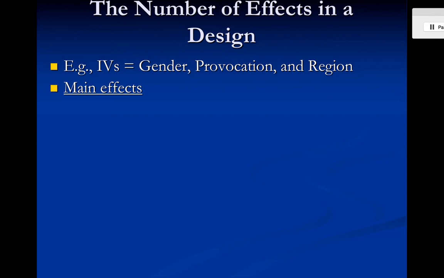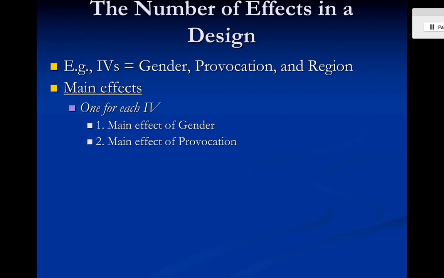So in terms of main effects, you should have 3 separate sentences. The first one is the effect of gender on my DV. Next, the effect of provocation on my DV. And last, the effect of region on my DV. Now, why do I have 3 separate ones? Because each one of these is its own puzzle piece.